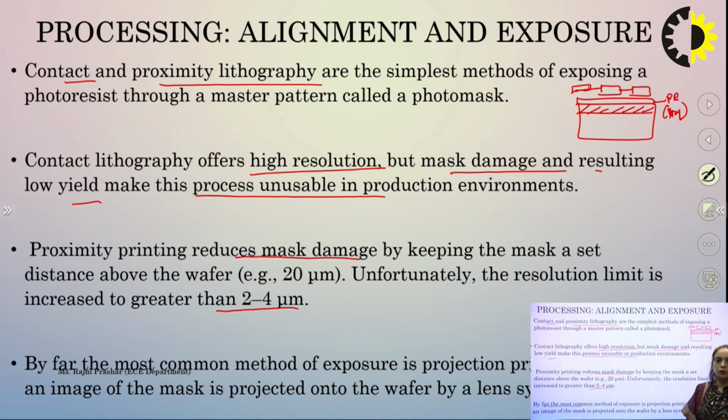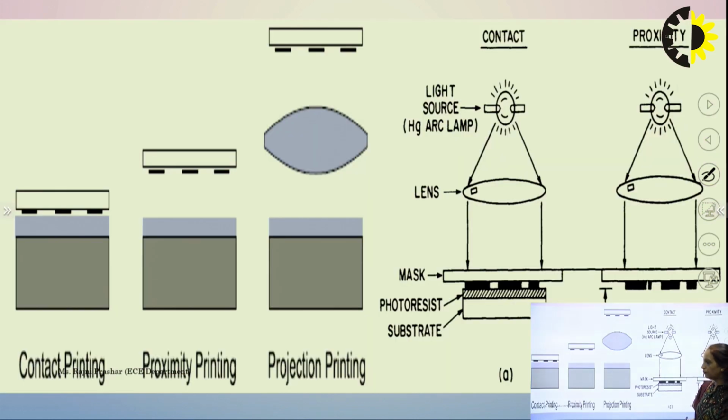In the case of projection printing, we have to use one lens, and the image will be projected on the wafer with the help of that lens. So this is the example of contact printing. Here we see this is the silicon substrate, here we have the SiO2 layer, and over that we have the PR, and here we can see that the mask and the PR material are in touch.